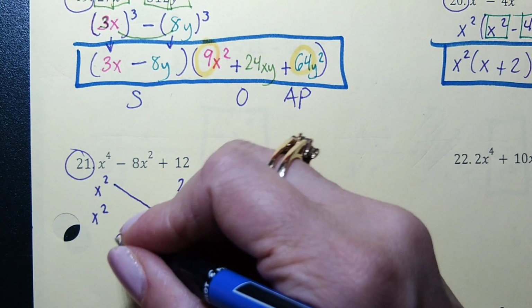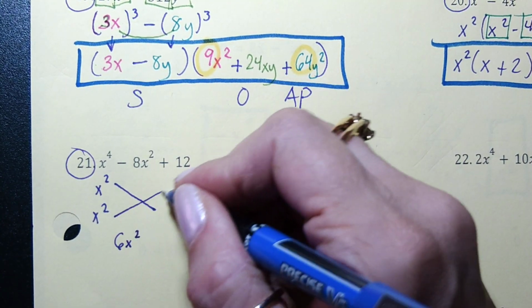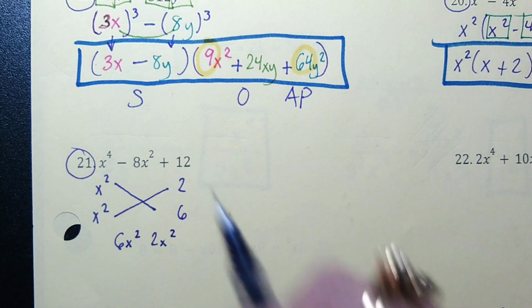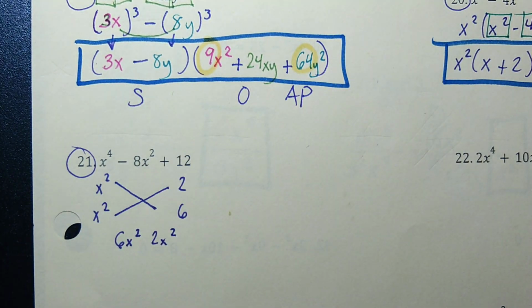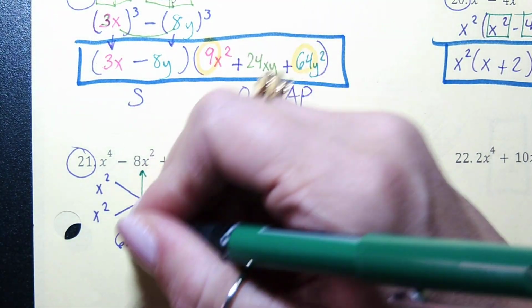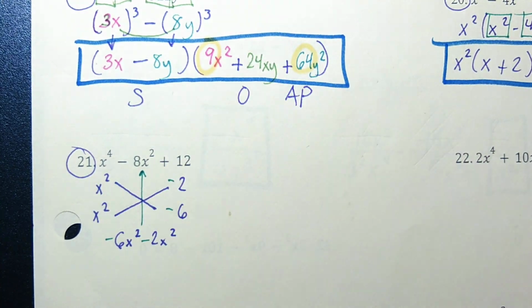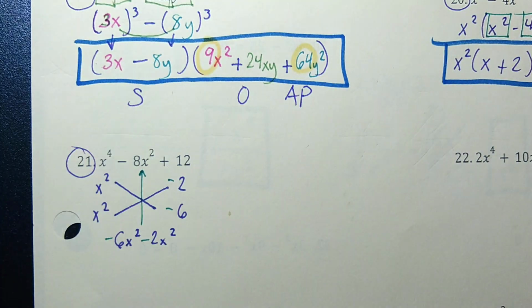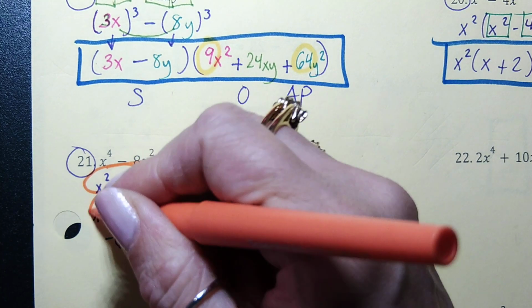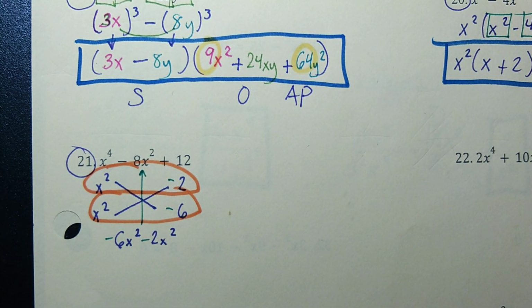X squared times 6 is 6x squared. X squared times 2 is 2x squared. I need them both to be negative to get that sum of -8. So both of those are negative. So going straight across, x squared minus 2 and x squared minus 6.